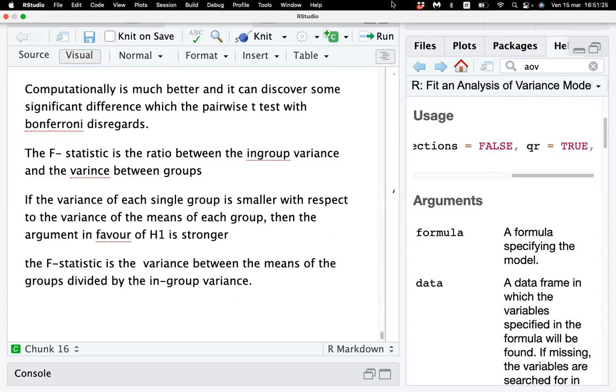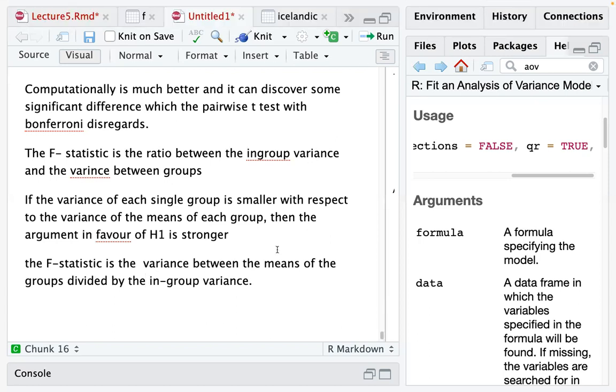So, what do you think? The F statistic, I mean, when it is bigger, which values of F will be, when H1 is true, do you expect F to be small, big, close to a number?